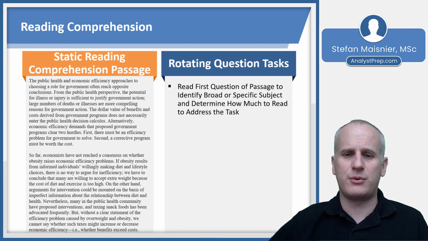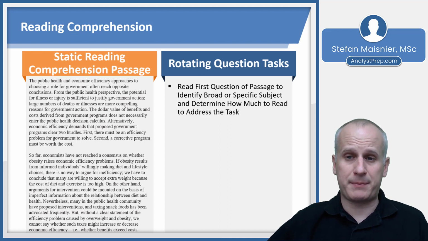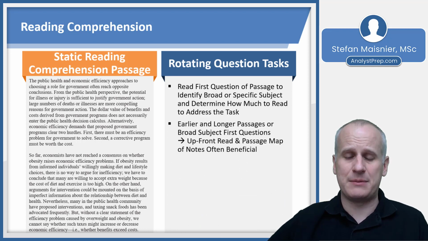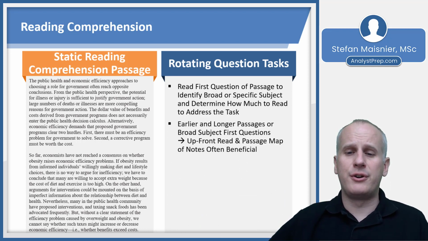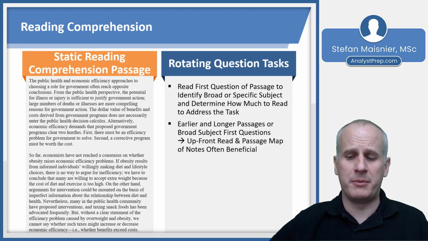So read that first question to determine if it's a broad or specific subject, meaning does it ask about the passage overall? Does it ask about a specific piece of information in the passage? And then determine how much you should read to address that task and subject specifically. For earlier and longer passages or broad subject first questions, generally you'll want to consider an upfront read and a passage map of notes, and we'll see what a passage map looks like here in a moment.